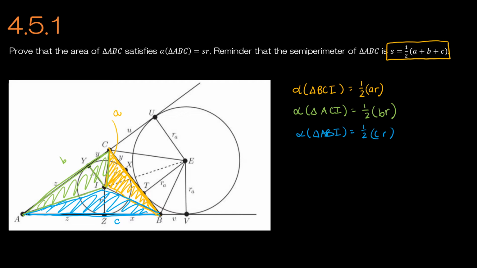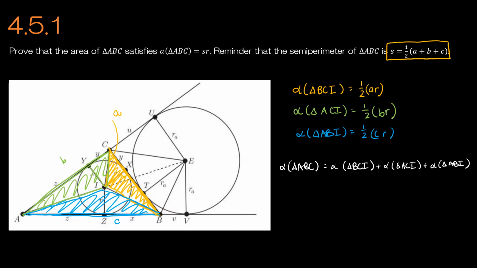Now I can see based on the picture that if I want the area of triangle ABC, let me switch to a different color, it can certainly be found by adding the area of triangle BCI plus the area of triangle ACI plus the area of triangle ABI.